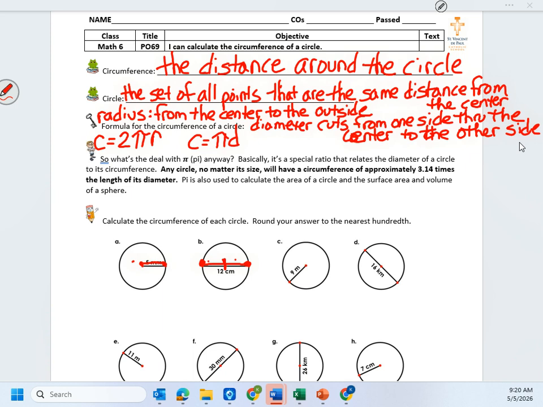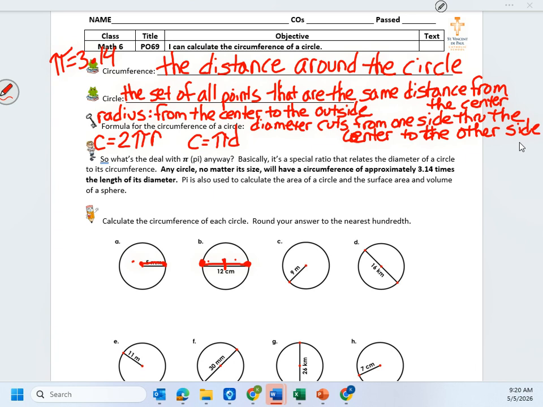All right, so remember, to figure out what pi is, you can use that pi button on your calculator, or you can multiply by 3.14. Sometimes people forget their big kid calculator and they have to borrow one of mine from the back. Mine in the back don't have a pi button. So you need to know that pi equals 3.14. Now our answer isn't going to be the exact same because pi actually goes on and on for infinity, and we round it to the 100th place.